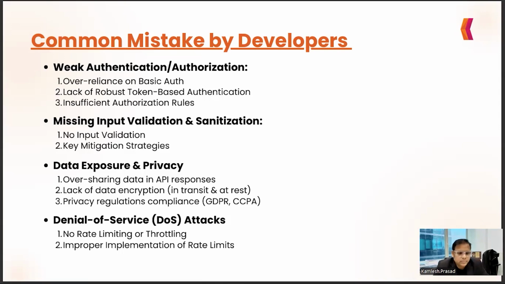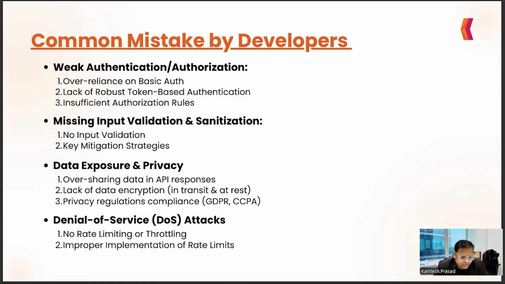As Mr. Kamlesh said, rate limiting is a big thing in API implementation. This can be implemented using third-party gateways and other things. But as an example of a developer mistake, say you are implementing a login API, and in the front end you limit the number of attempts. If you try three or four times, the front end will stop you from trying again.